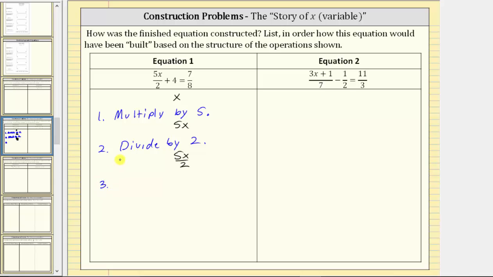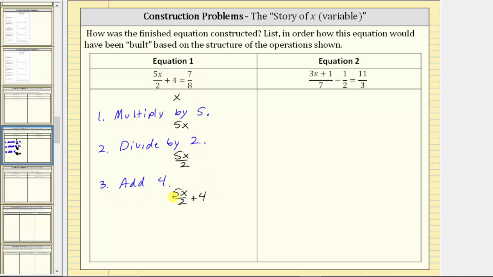So step 3, add 4. If we add 4 to this quotient, we get the expression 5x divided by 2 plus 4. And because we have equals 7/8, after performing these operations on x, the result is 7/8. Which gives us our final equation, 5x divided by 2 plus 4 equals 7/8.